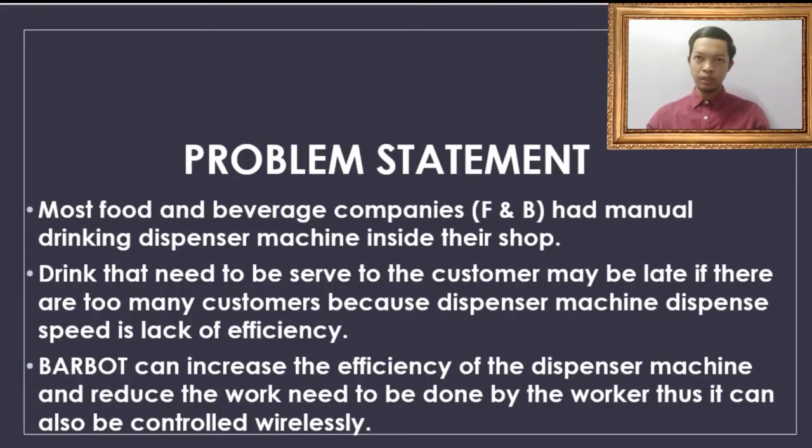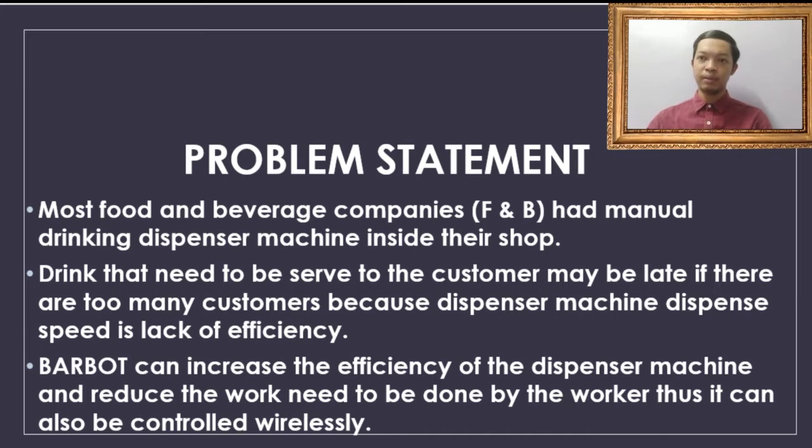Next, I want to explain about the problem statement. Nowadays, most food and beverage companies, F&B, have manual drinking dispenser machines inside their shop. But if there are too many customers coming to their shop, the drink that needs to be served to the customer may be late because the dispenser machine dispense speed lacks efficiency.